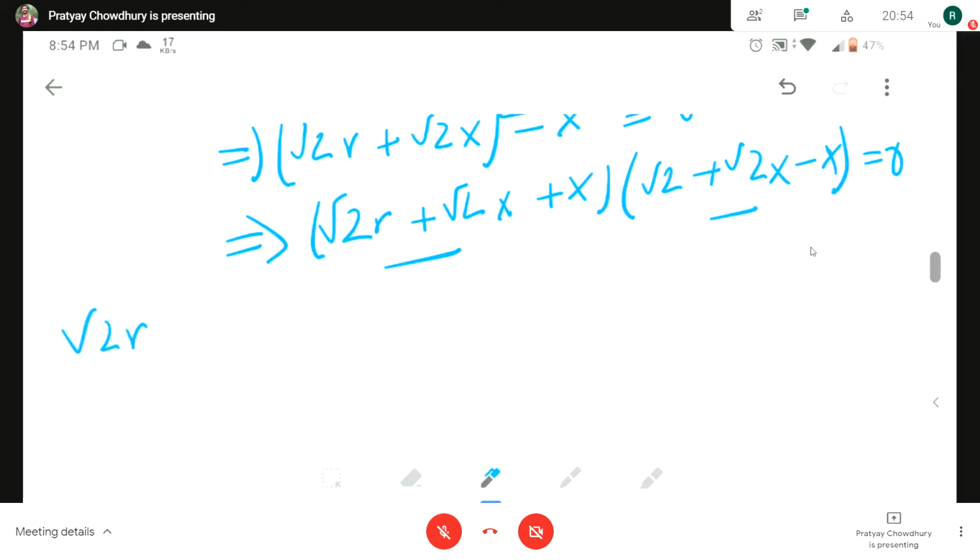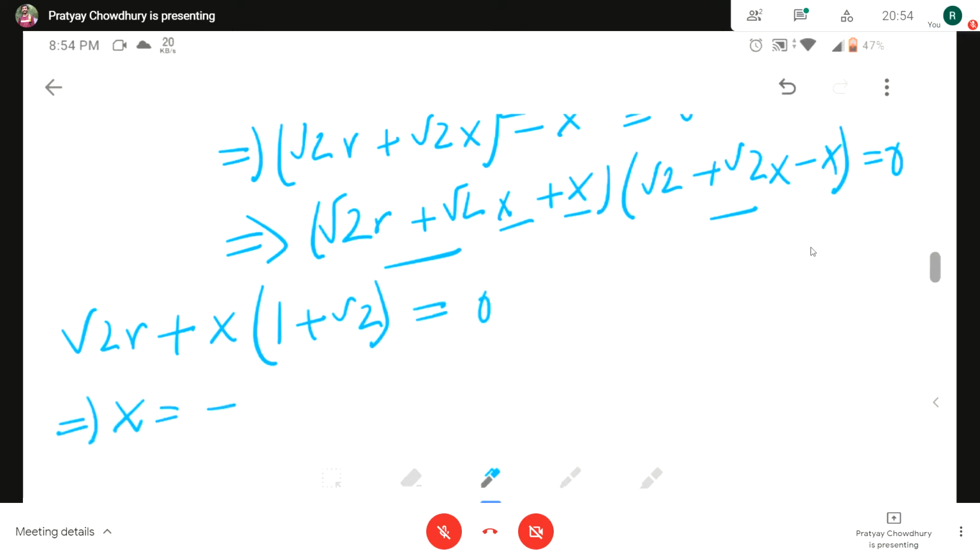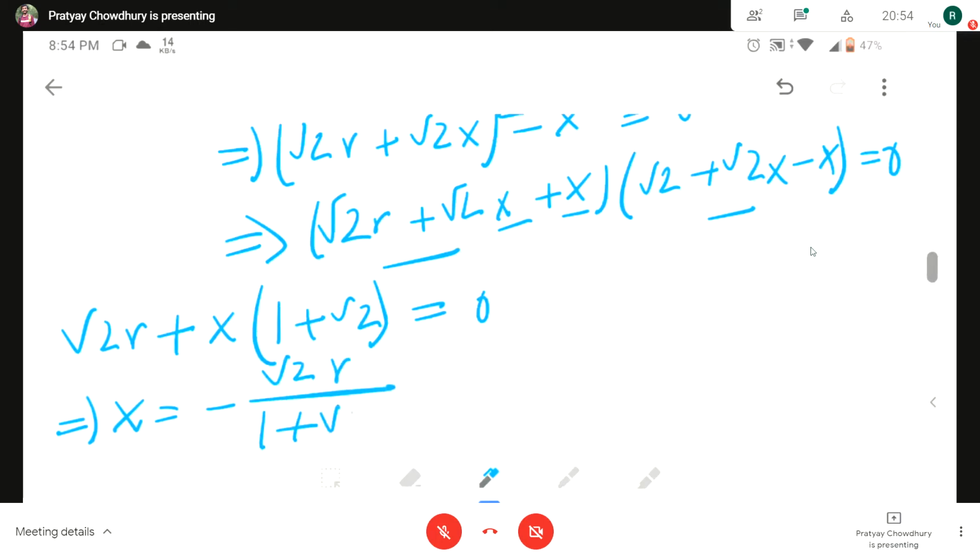Root 2 r plus x into (1 plus root 2), because we can take x common from both of them, is equal to 0. So x is equal to minus root 2 r divided by (1 plus root 2).